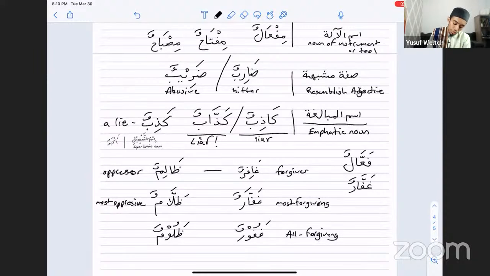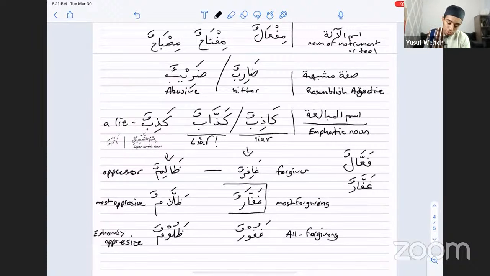And dhalumun would be extremely oppressive, for lack of a better translation. But you can see the grades of emphasis in the wording. Now, all of these are derivative nouns. Ghaffar specifically being the ismul mubalagha in this case.